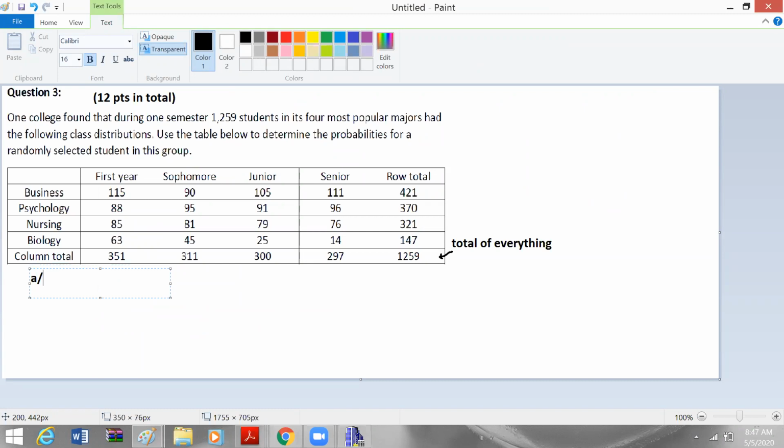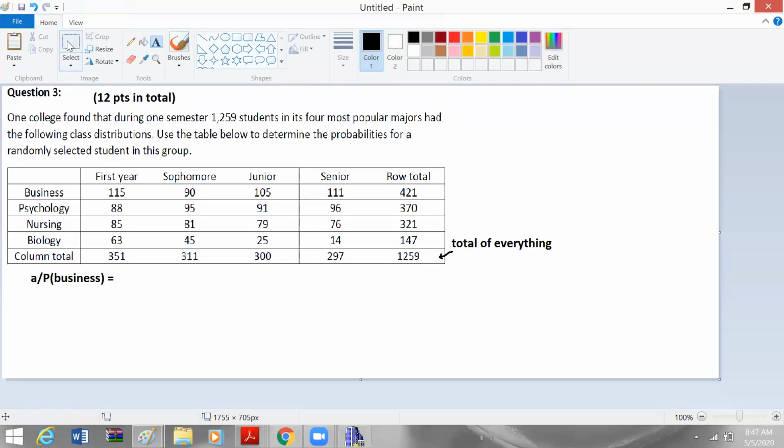So the probability of the business, what should we do? We're gonna take the ratio between the business over the total of everything. So for the business, we have to go all the way to the right. This is the total number of business.